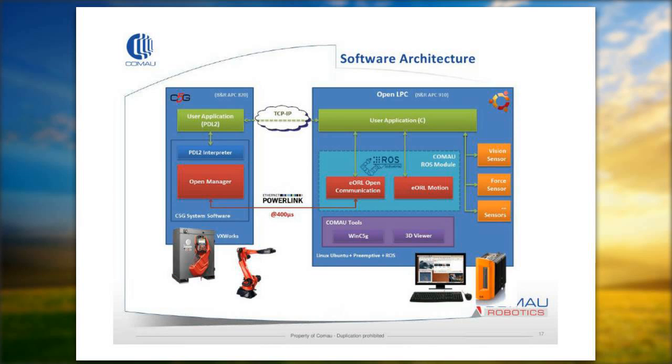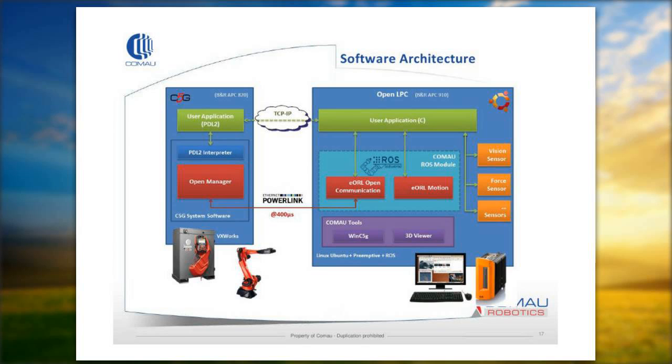And this standard control is connected through two levels, that is the TCP/IP connection, the basic standard connection for all users to be used with the Open LPC, and the Ethernet Powerlink, the real-time connection to be used with the ERL module.